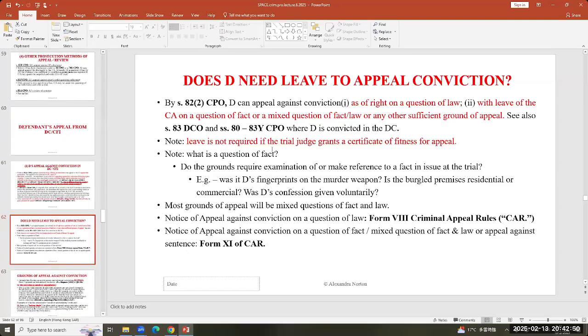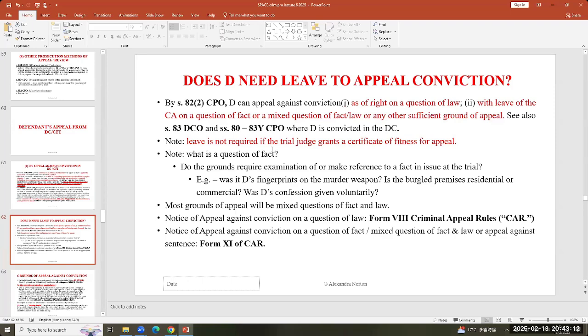Does he need leave to appeal his conviction? If he's appealing on a question of law, he does not need leave. But if he's appealing on a question of fact or a mixed question of law and fact, then he does need leave, unless a certificate of fitness for appeal is granted.